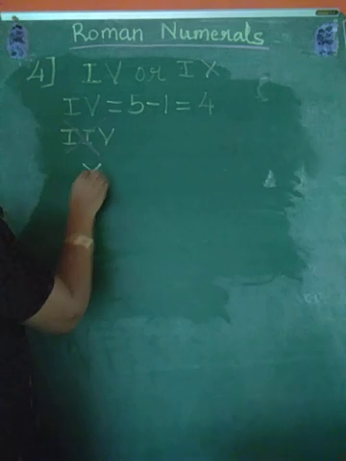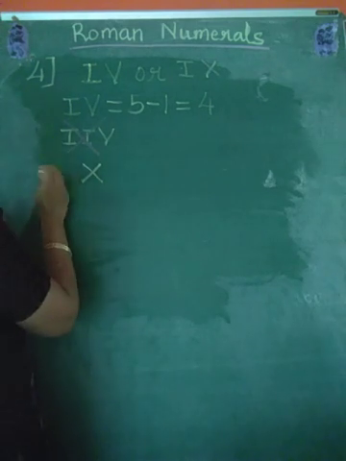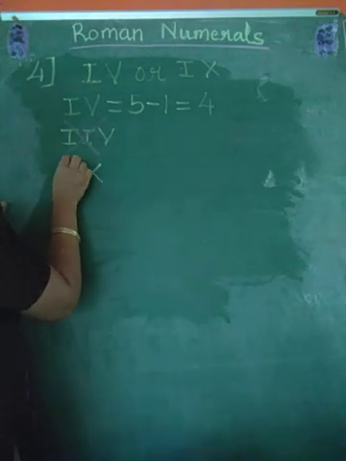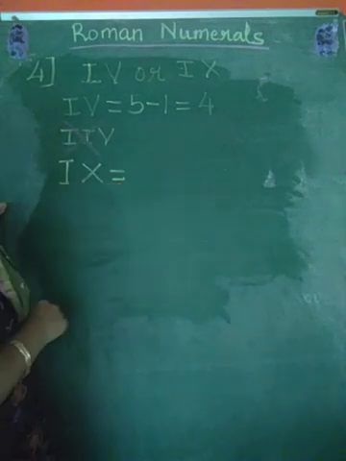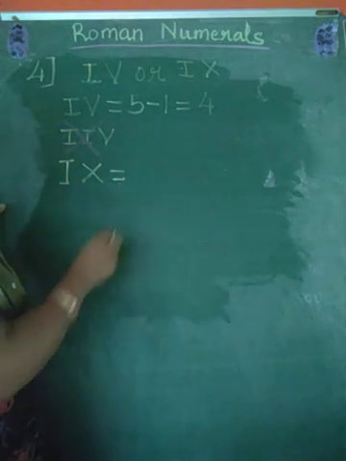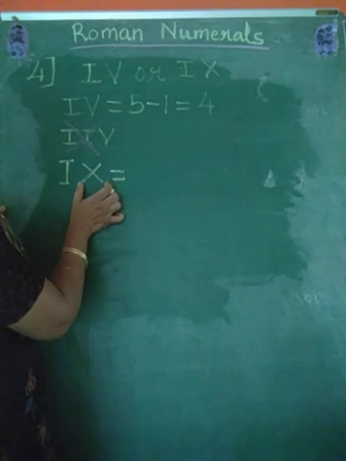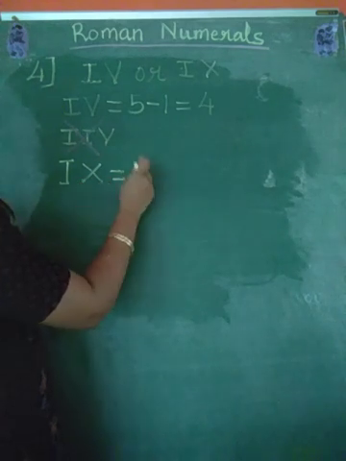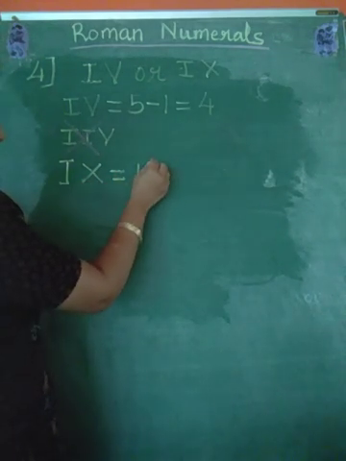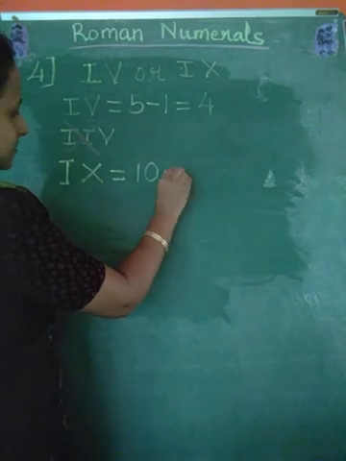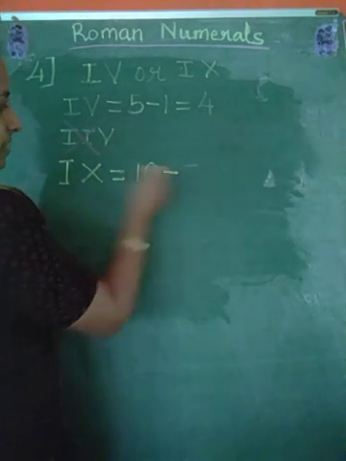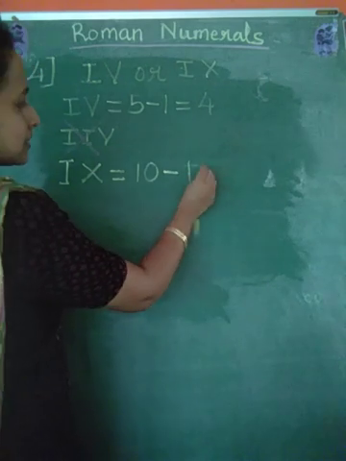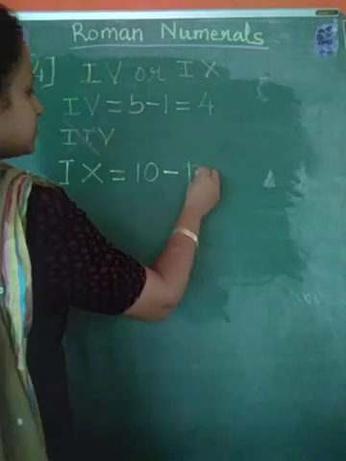On the left hand side of X we can write the letter I. So when we write it, according to the rule, I will be getting subtracted from this bigger number. So the bigger number is 10, and after subtracting the value of I, that is 1, it becomes equal to 9.